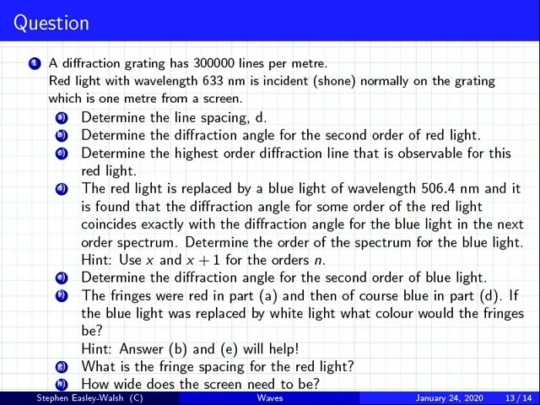What angle did you get when you used the red light? 22.3. What did you get when you used blue light? A bigger or smaller angle? Smaller. Imagine you had red and blue mixed together, whatever colour that makes. When they go through the diffraction grating, they will split at different angles, like a prism.